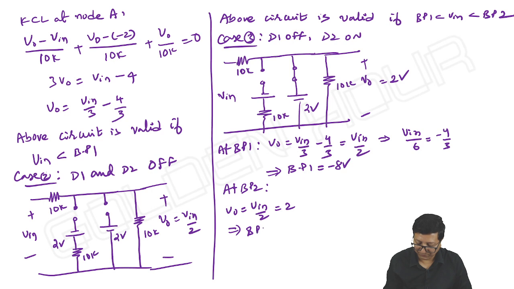So breakpoint 2 is equal to 4 volts. That's it. Minus 8 to 4. It's not like minus 4 to plus 4. Is it not so? This is the interesting thing here.